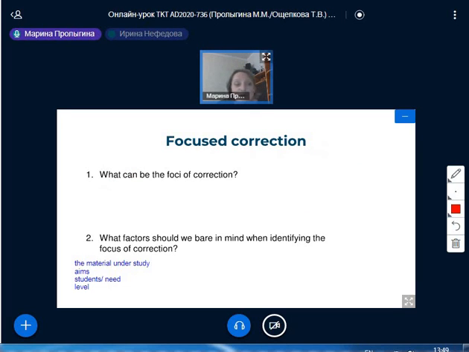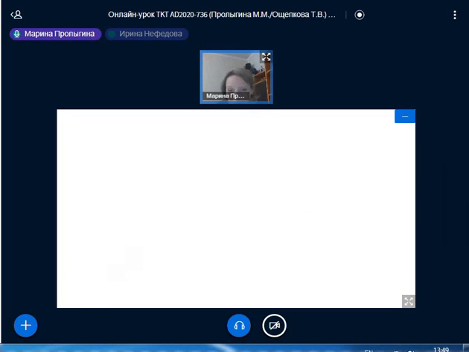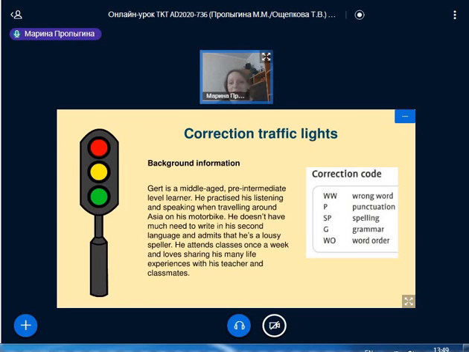And now we are going to practice. Of course, I hope that everything will be okay with it. We are going to play a sort of game called correction traffic lights. We have a student whose name is Gert. Could you please read the information about him? He's a middle-aged, pre-intermediate level learner.